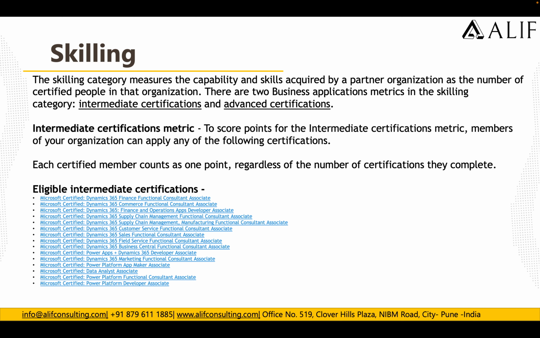So if one person does all of these certificates, they will only get 1 point. To earn more points, spread these certificates across your multiple team members. If there are 10 certificates, spread all 10 across your 10 members, and you will get 10 points. If one person does all of them, you will only get 1 point.